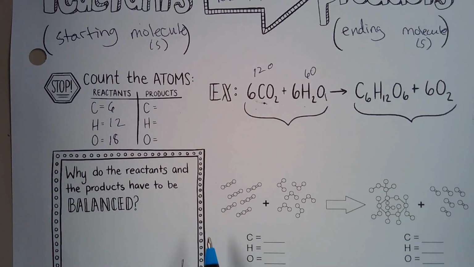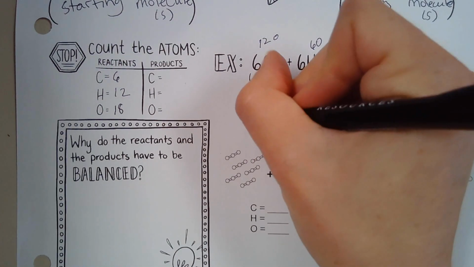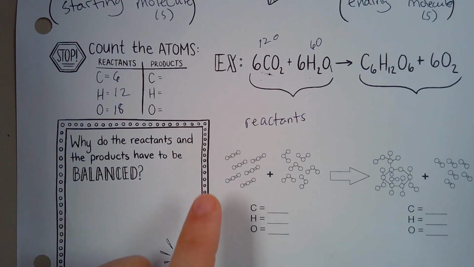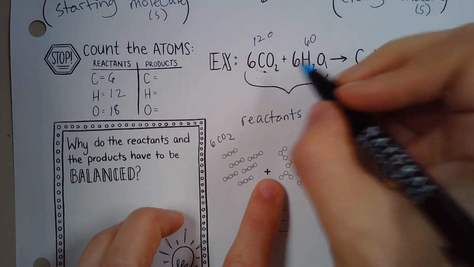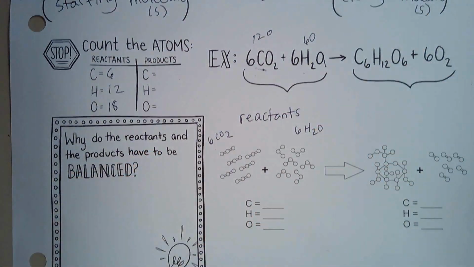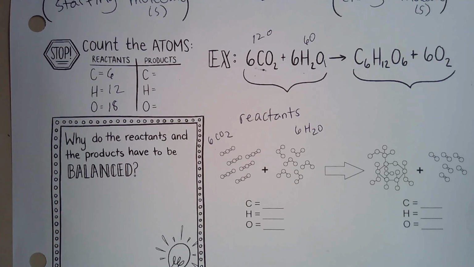Let's visualize this, and that's what I did down here for you guys. Again, these are our reactants. We have our 6 carbon dioxide plus 6 water molecules. Just like we did in our lesson the other day, we're going to color the carbon dioxide and the water the same way.